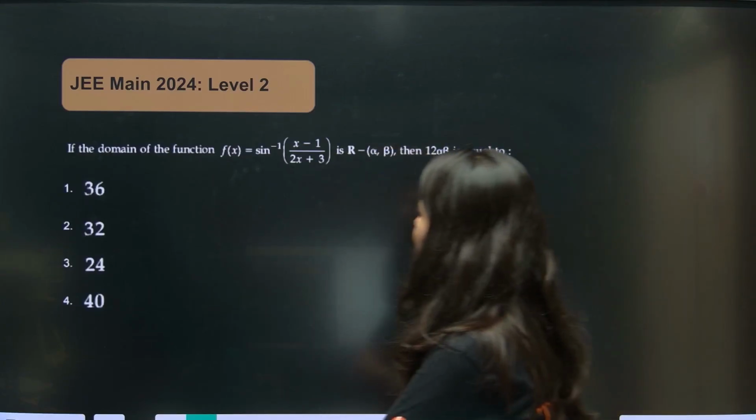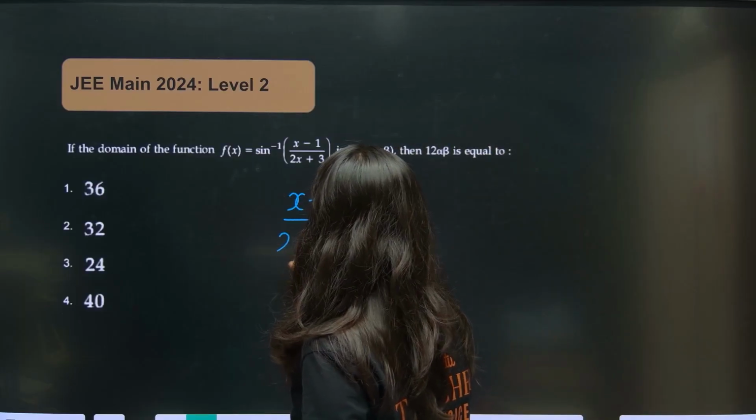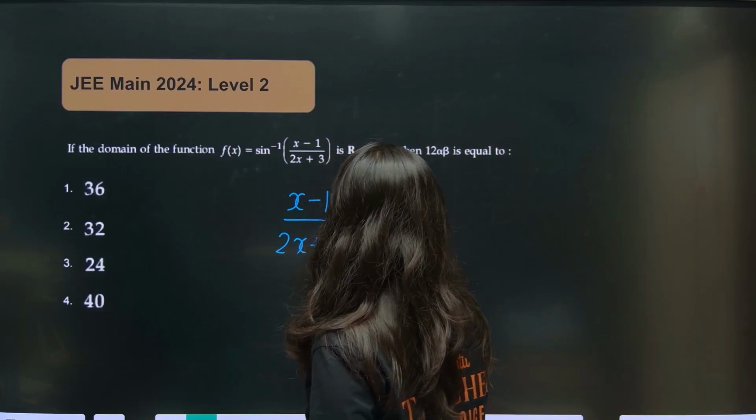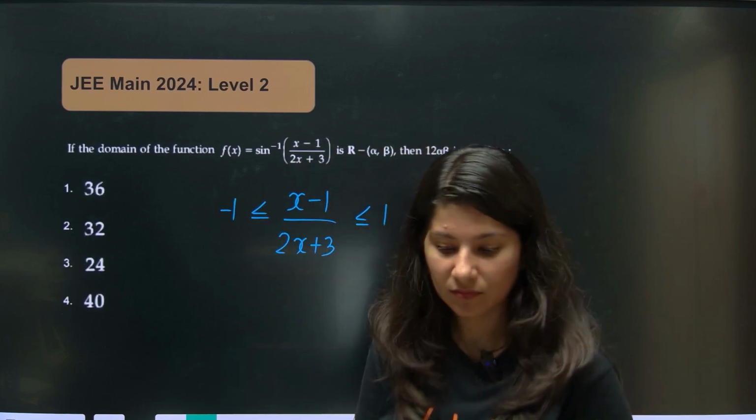So the domain of this function, what will you do? Ma'am, (x minus 1) upon (2x plus 3) is lying between 1 and minus 1.